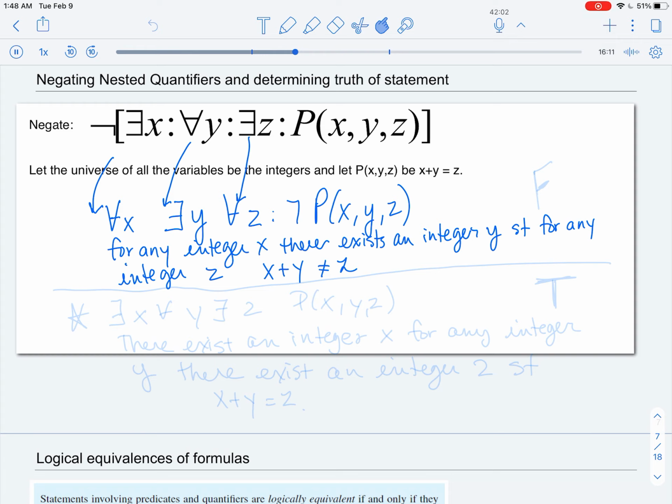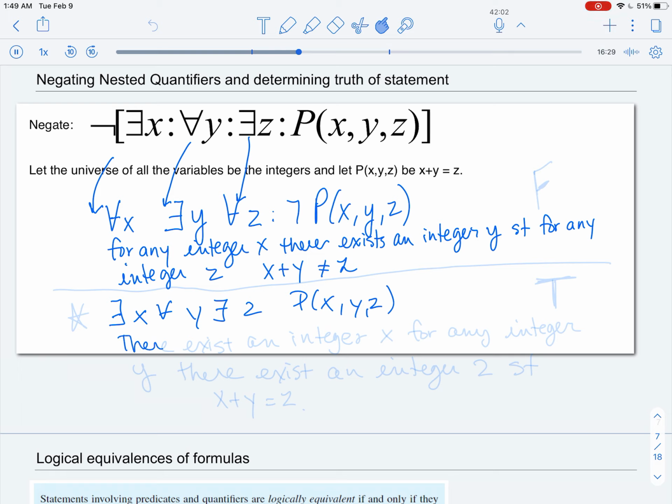Okay, now let's look at the original statement. So that's saying: there exists an x, for any y, there exists a z, p of x, y, z. And I'll just write that as a statement also.